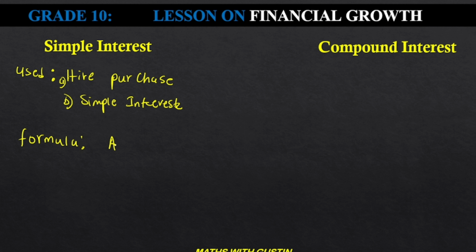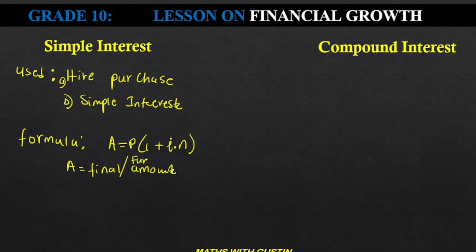It says A equals P(1 plus I times N), where A stands for final amount, or future amount.